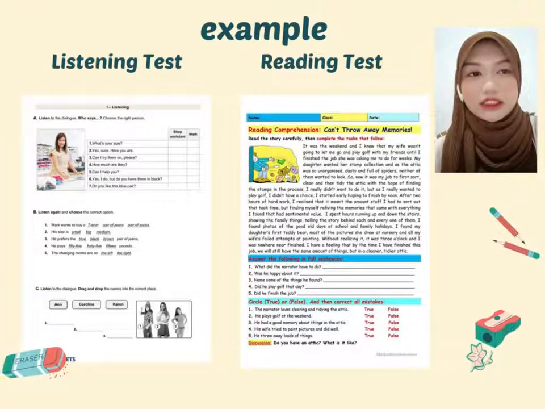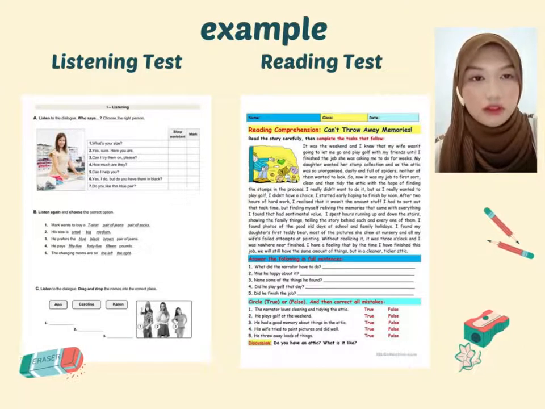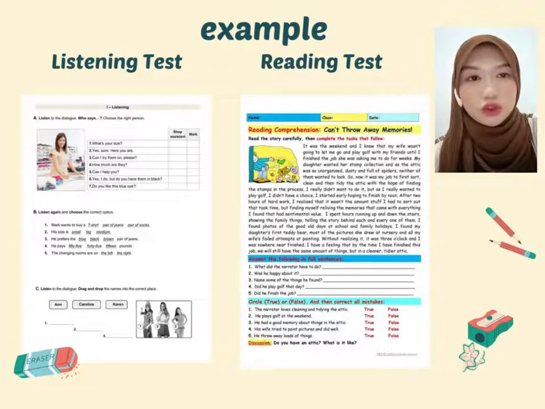As we can see in the PPT, these are examples of listening tests and reading tests. If you choose listening skill for the test, the item of the test will look like the example. And if you choose reading skill for the test, the item of the test will look like in the PPT.